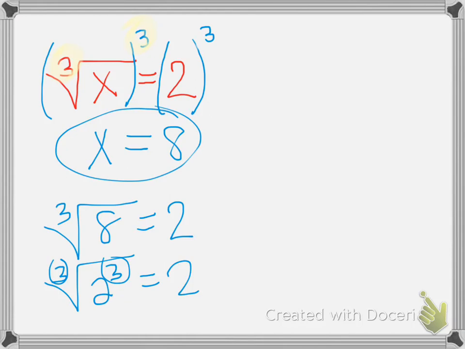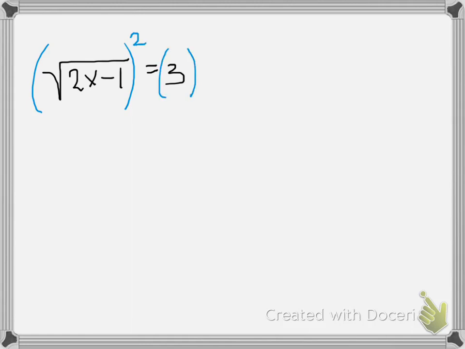So those are the basic equations. Now we'll get a little bit harder. So if you have the square root of 2x minus 1 equaling 3, I can solve this because the radical covers everything, the 2x and the minus 1. So I can square the whole quantity and square the other side.